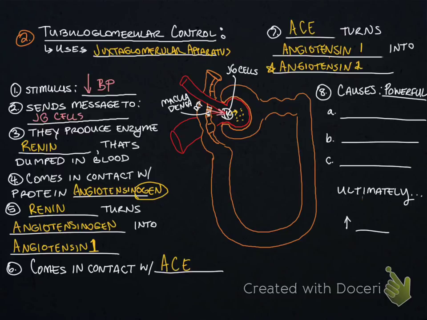It causes powerful vasoconstriction of your vessels. It will also act to increase thirst, which will increase blood volume, and in turn increase cardiac output. Ultimately, this is acting to increase blood pressure. Okay?